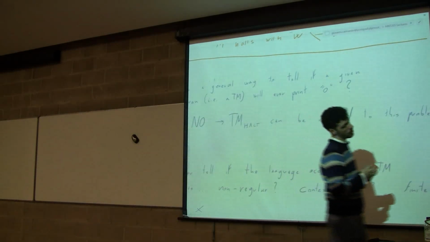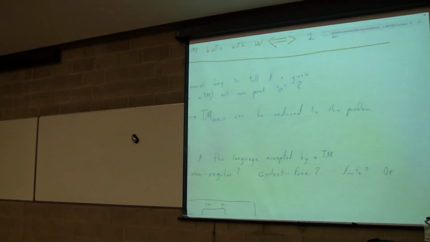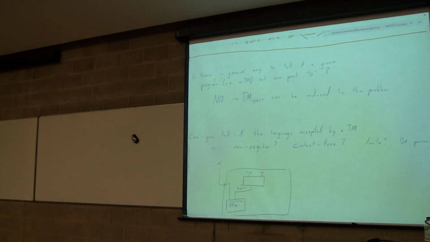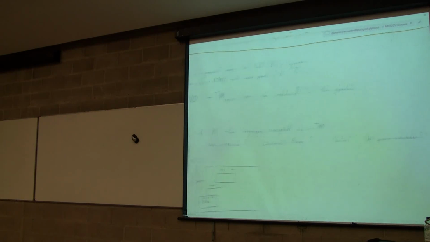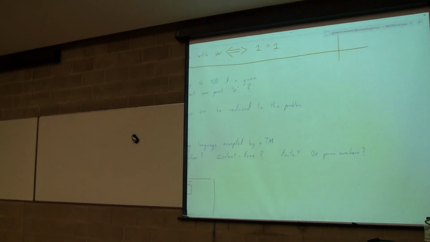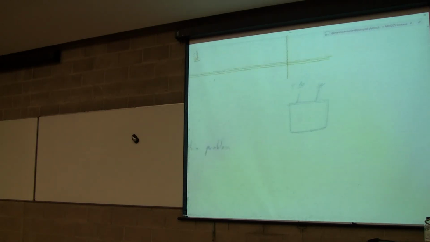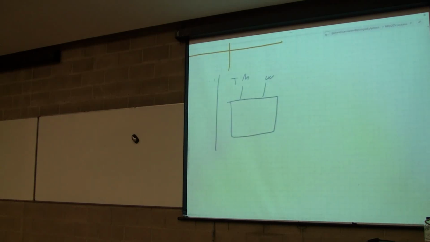So if you solve those, why... The halting problem can be reduced to this one. So for every Turing machine, with every string, you can build these other Turing machines.